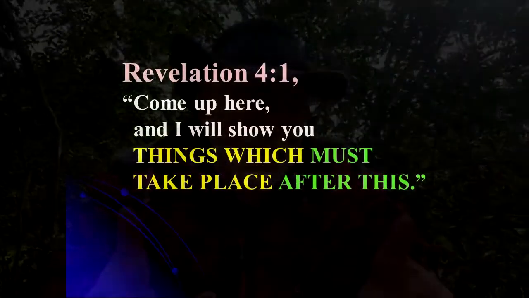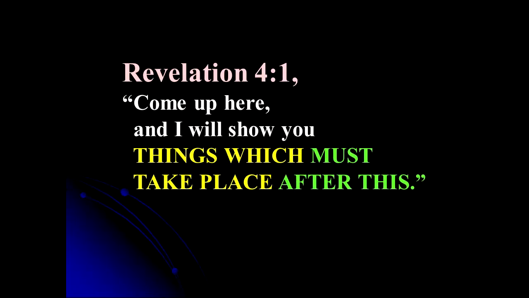In Revelation 4:1, Jesus spoke to John about the time frame of things that were going to happen, how to divide the book of Revelation. He said, "Come up here and I will show you things which must take place after this."